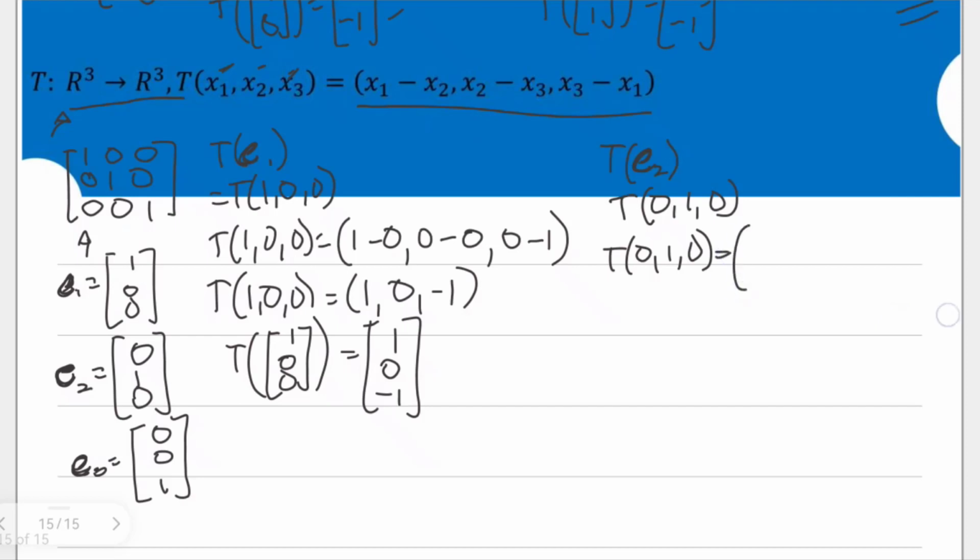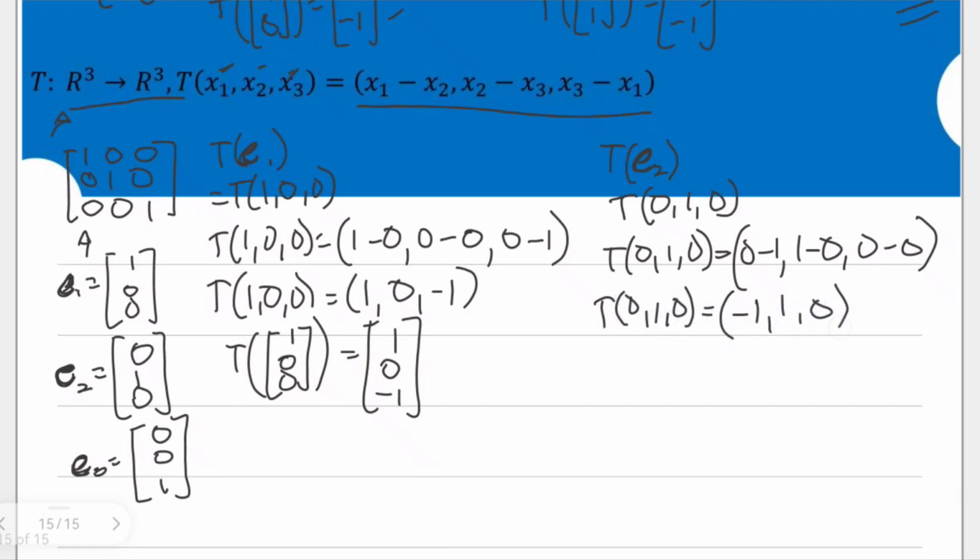So you have 0 minus 1, 1 minus 0, 0 minus 0. Then you will have this form here. The linear transformation of 0, 1, 0 is negative 1, 1, and then 0. Or you could rewrite it in column form: negative 1, 1, and then 0.